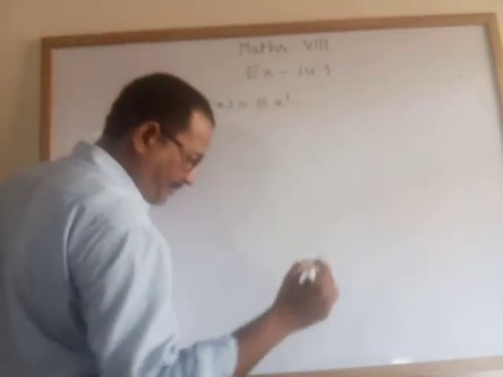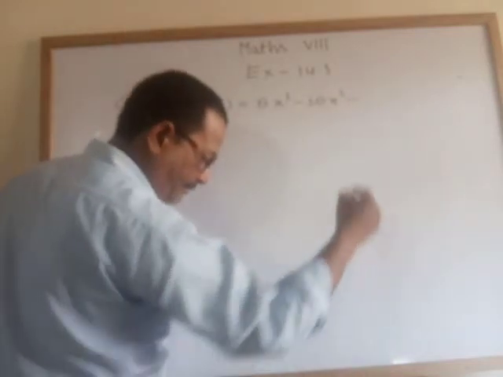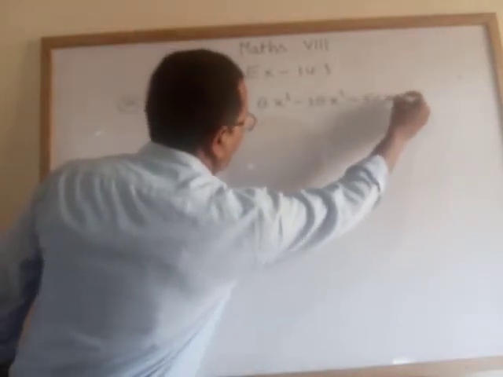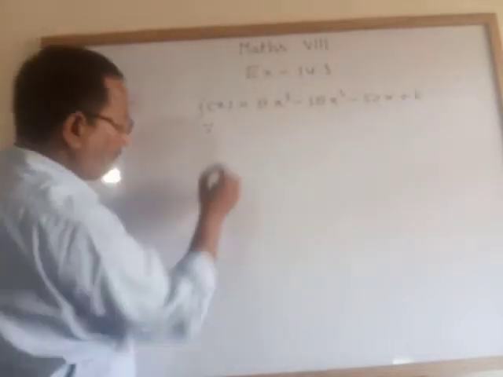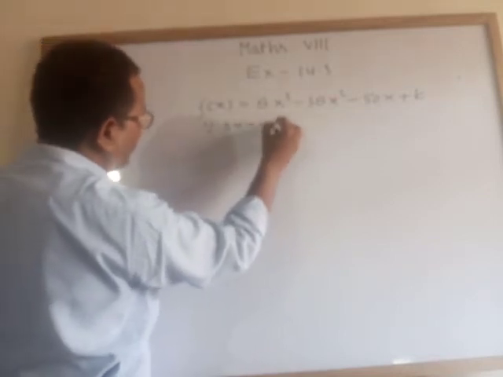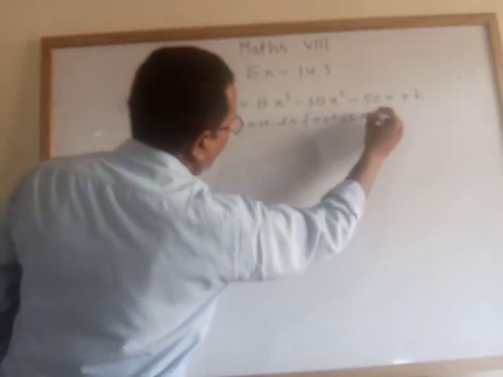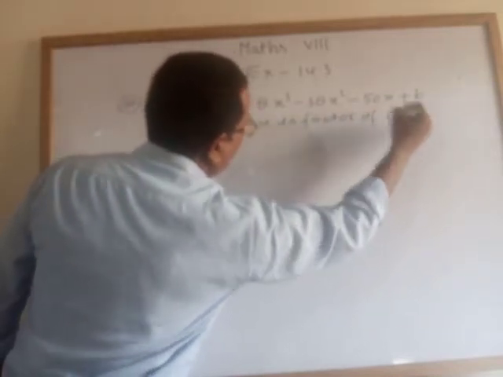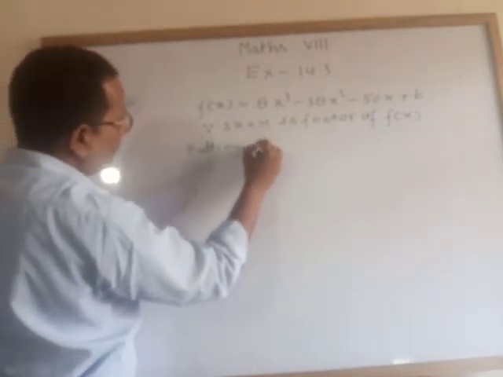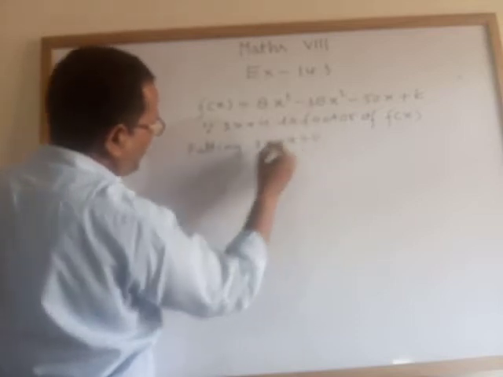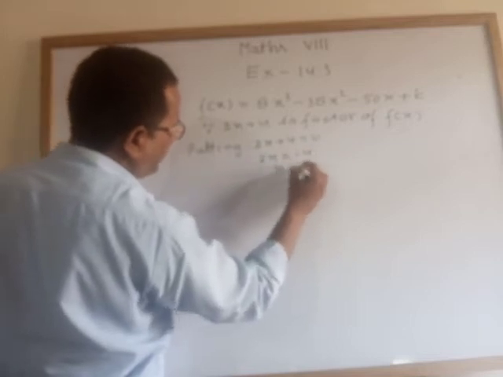minus 38x square minus 50x plus k. Since 2x plus 4 is a factor of f(x), putting 2x plus 4 equal to 0 means 2x is equal to minus 4, x is equal to minus 2.